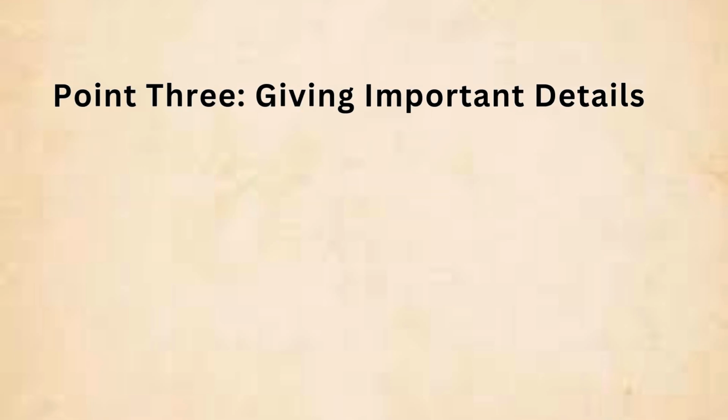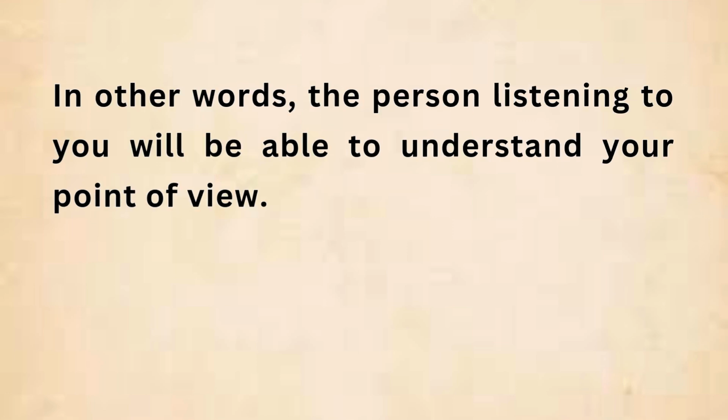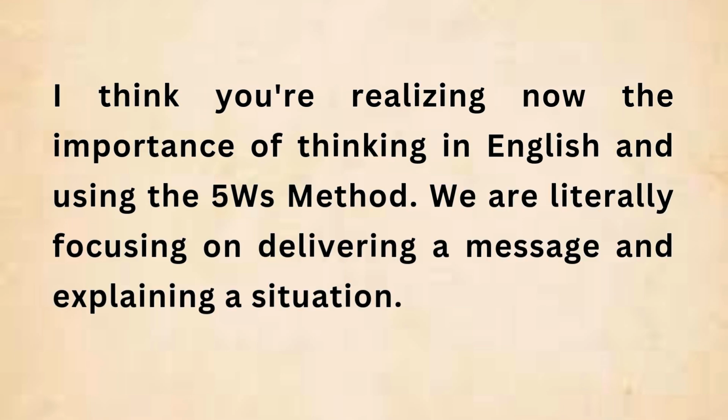Point 3. Giving important details. Thinking about what happened in a certain situation will help you give the most important details. In other words, the person listening to you will be able to understand your point of view. I think you're realizing now the importance of thinking in English and using the 5 W's method.